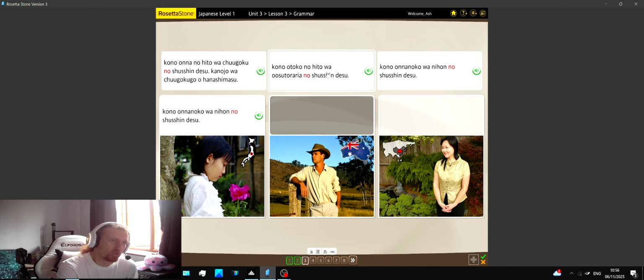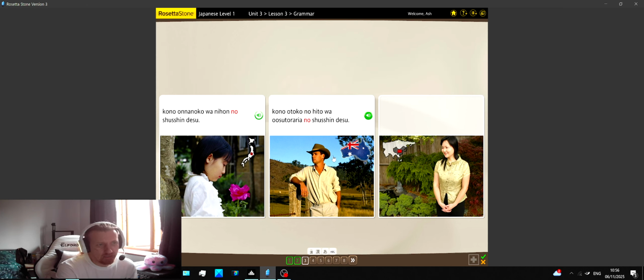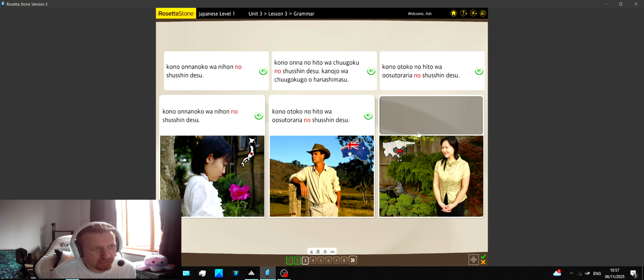この男の人はオーストラリアの出身です。 And then last but not least, we're looking for Chugokugo because it's Chinese. So we are looking for この女の人は中国の出身です。彼女は中国語を話します。 So that would be this.